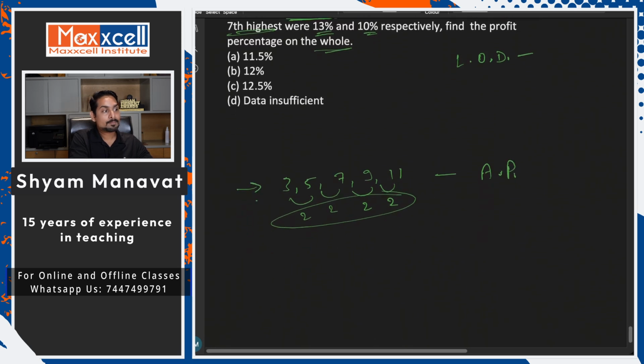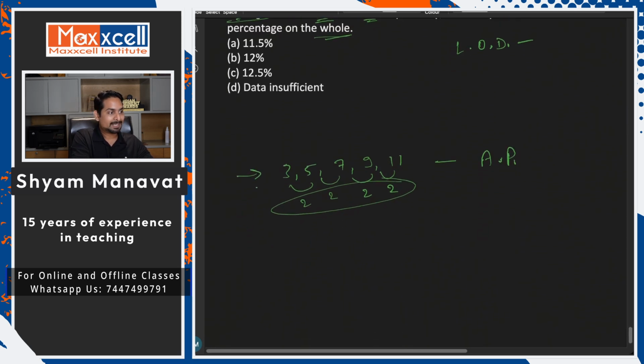For arithmetic progression, we have the sum of the series, the sum of n terms. N means the number of terms, like 1, 2, 3, 4, 5. So 5 terms. There is a formula which we are going to use for this question, that is n by 2 times first term plus last term.